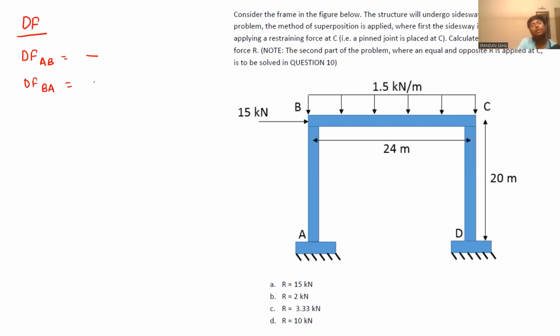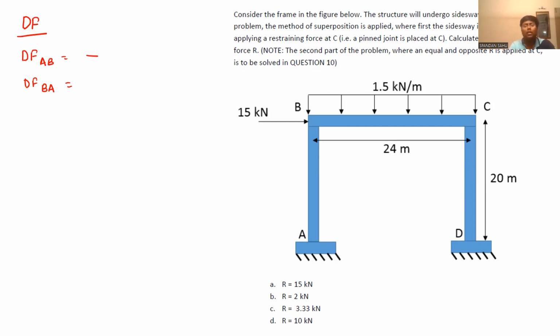What will be the distribution factor DF for BA? 4 EI upon 20.